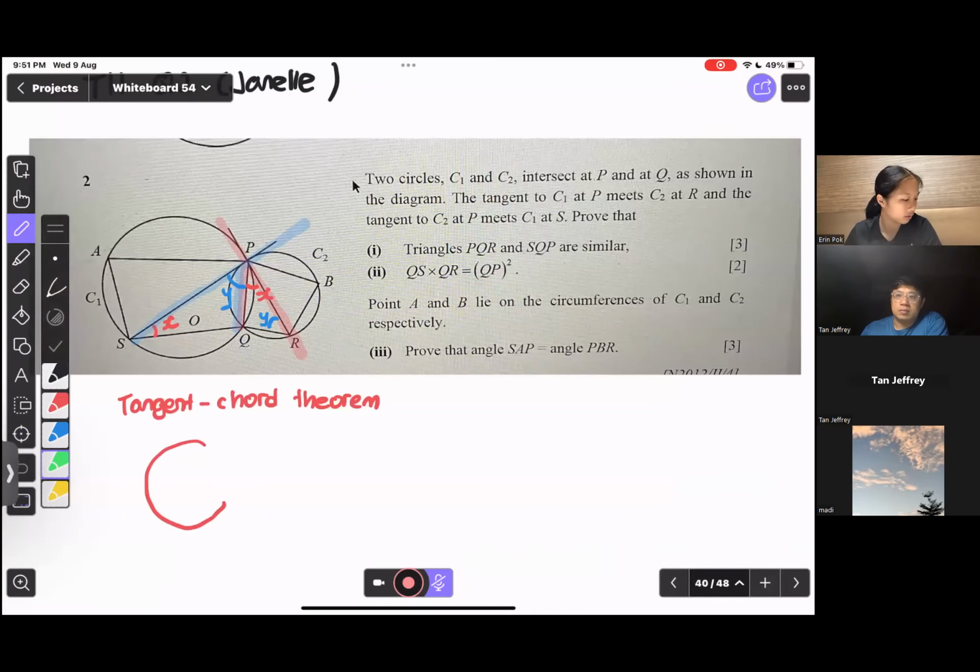Let me see. Okay, 1, 2, 3, 4, 5, 6, 7. Okay, I got 6 more.